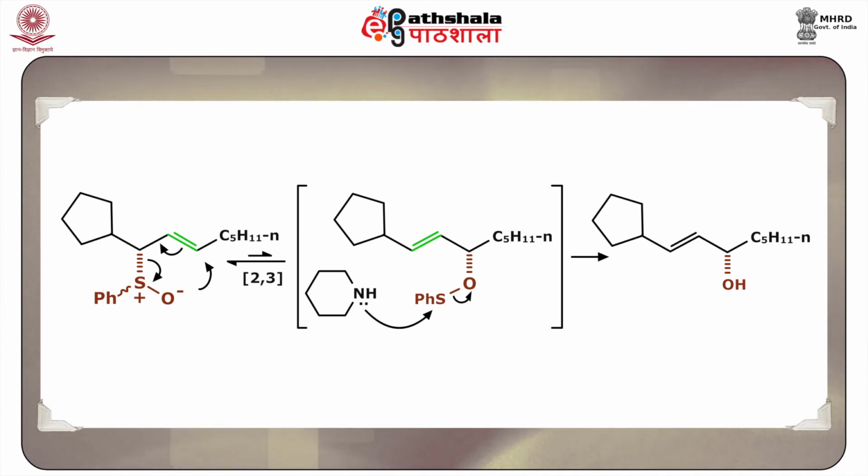The reaction is useful for creating particular stereoisomers of the alcohol as it is highly diastereoselective and the chirality at the sulfur atom can be transmitted to the carbon next to the oxygen in the product through a sulfenate intermediate, which involves suprafacial shift of functionality, as you can see in the reaction.